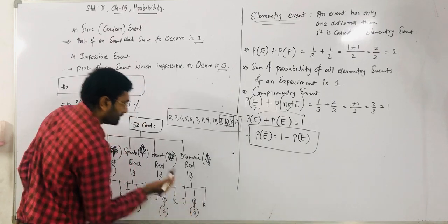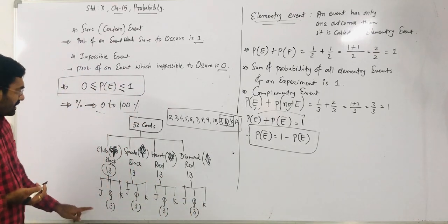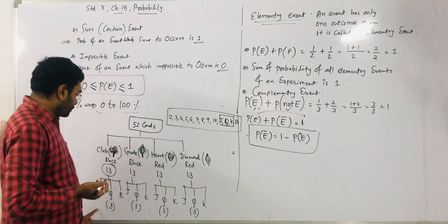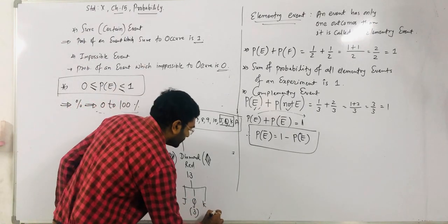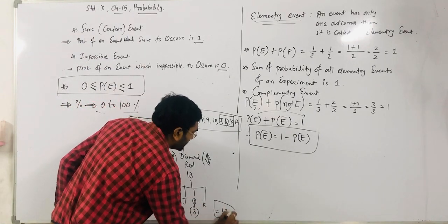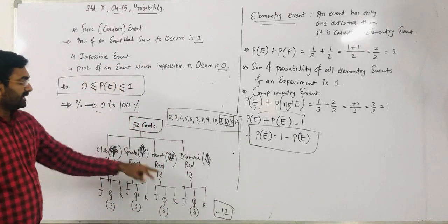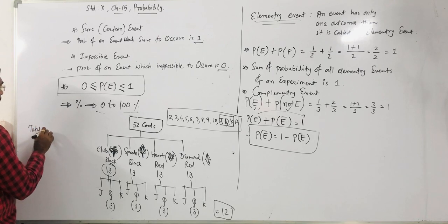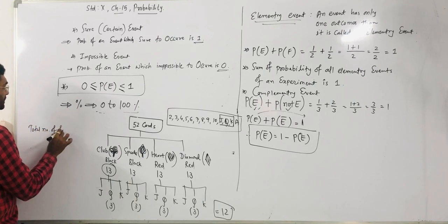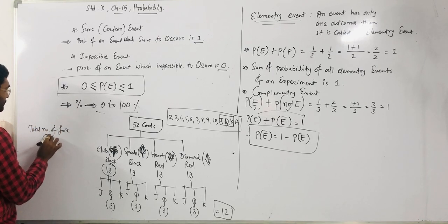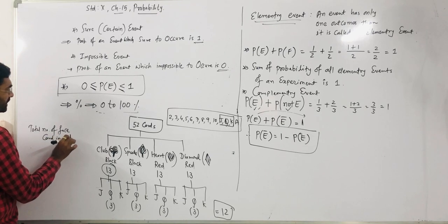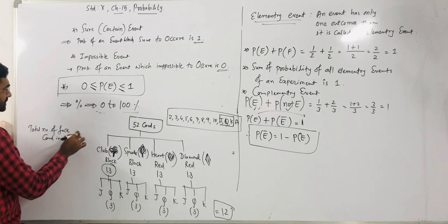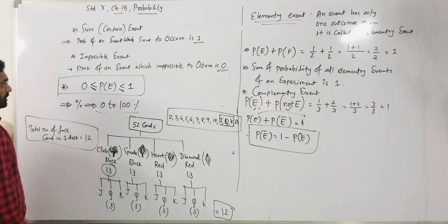So in one deck, how many face cards do we get in total? 3 times 4, so the total number of face cards in one deck is 12. So remember that.